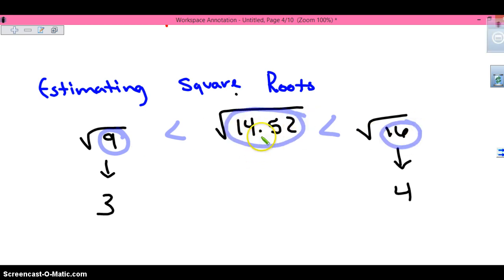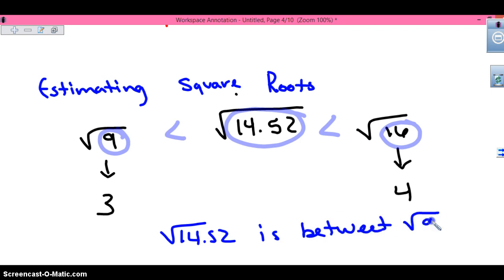That means that the square root of 14.52 is somewhere in between the square root of 9 and the square root of 16, or is between 3 and 4.